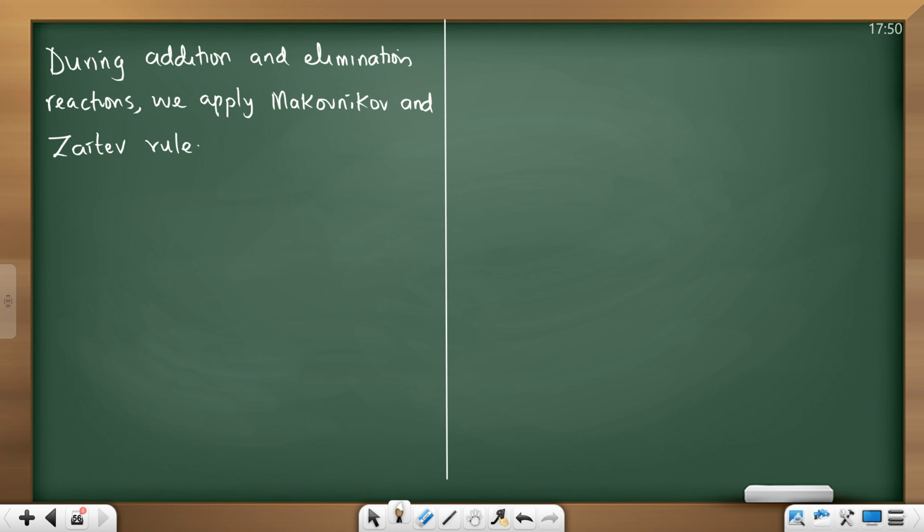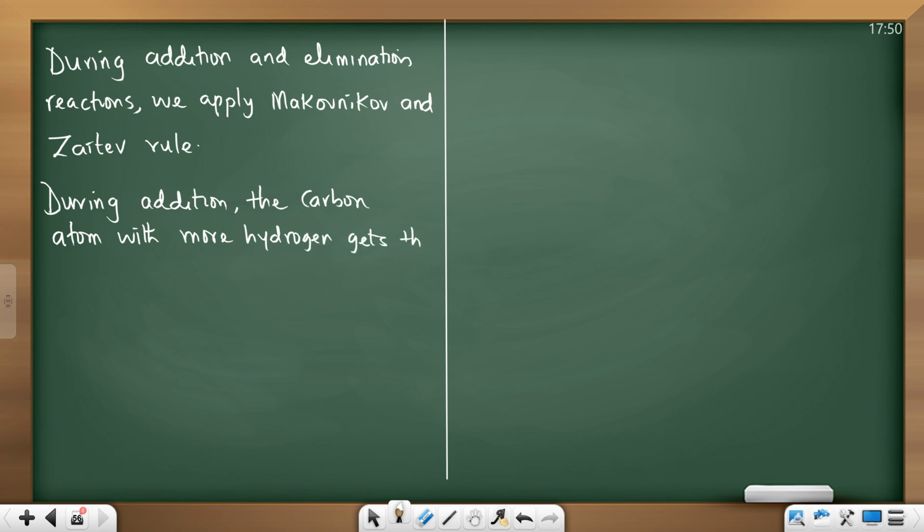All we need to do is to learn how it works. During addition, the carbon atom with more hydrogens gets the hydrogen atom to be added, in an unsymmetrical compound.